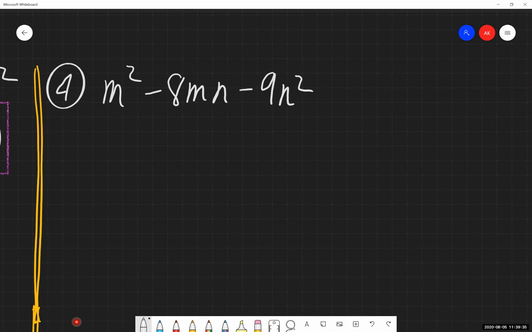We're starting with the trinomial m squared minus 8mn minus 9n squared. And again, let's make the shell of our answer: m plus or minus something times n, times m plus or minus something times n. So we've got our shell of an answer. Fantastic. We need to find out what our two values are that we're going to be plugging in there.